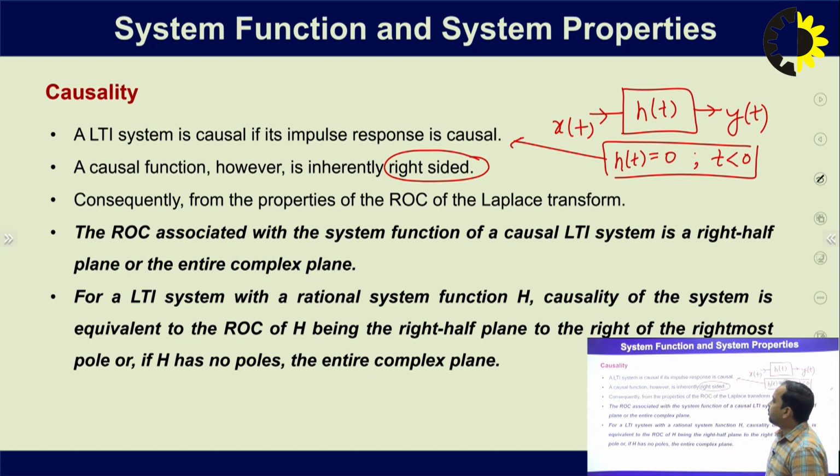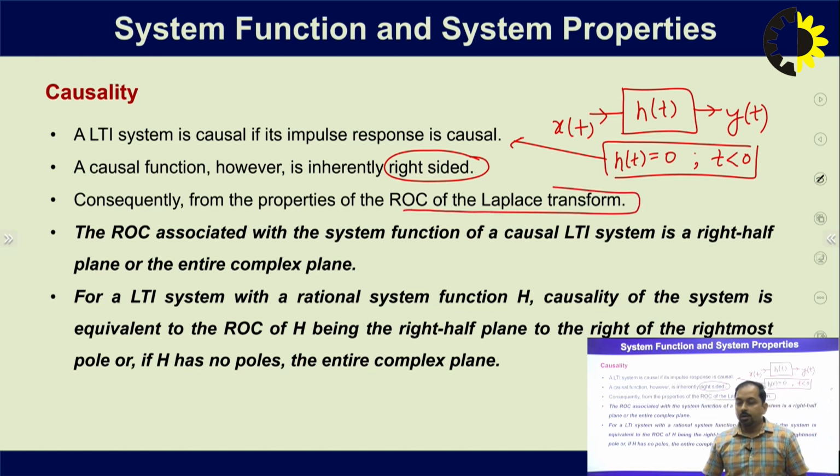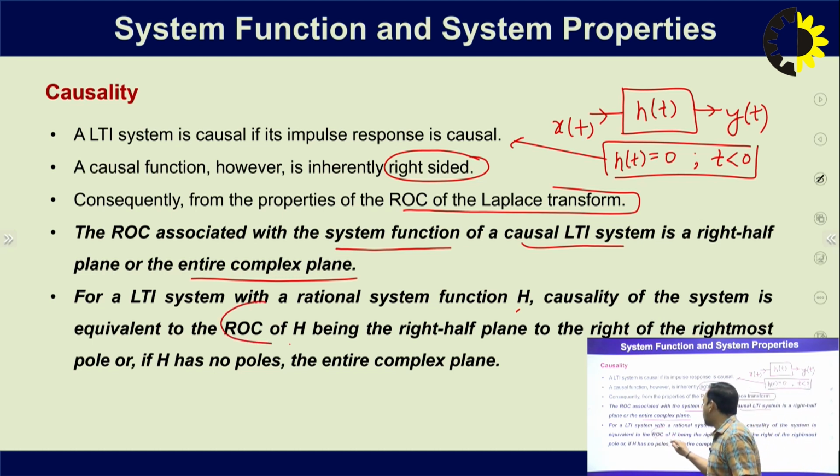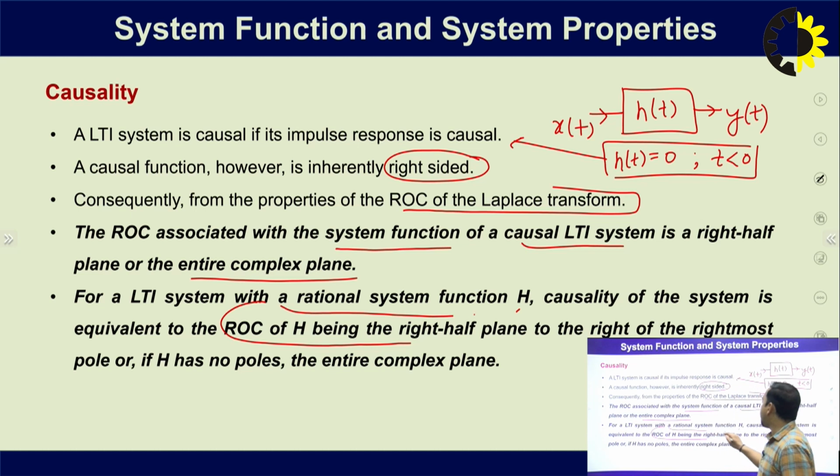Consequently, from the properties of the ROC of the Laplace transform, we must be aware of this. The ROC associated with the system function or the transfer function of a causal LTI system is a right half plane or the entire complex plane. For an LTI system with a rational system function H, the causality of the system is equivalent to the ROC of H being the right half plane to the right of the rightmost pole.